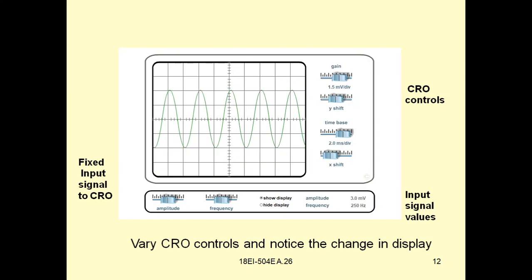Let it be 1.5 in this case. 1, 2. 2 into 1.5 is 3. It is 1, 2, 3. 3 into 1 is 3.